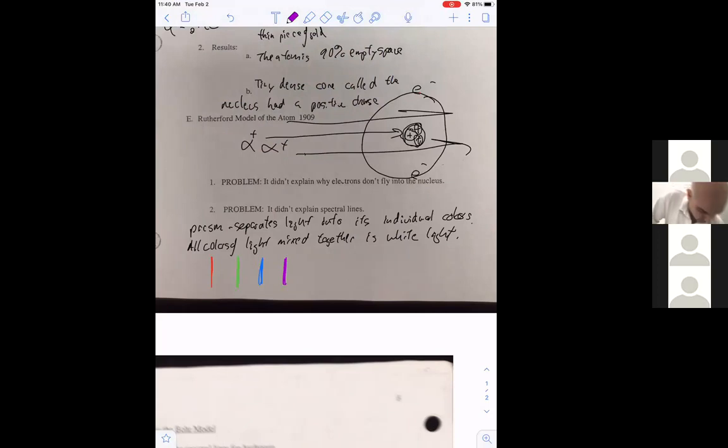When you look at white light, you get all the colors, right? But for hydrogen, you only got 4 bright lines. And so the goal of science is to explain what's going on here.